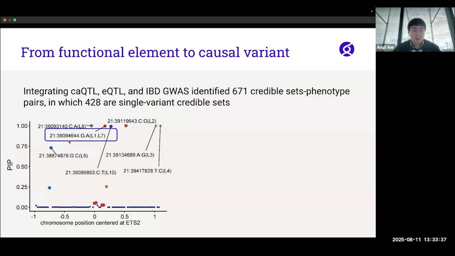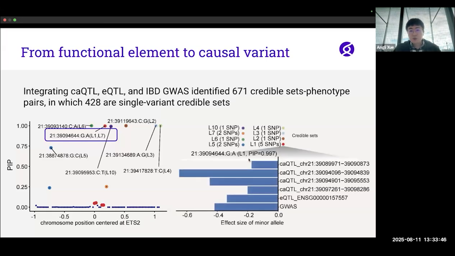And I want to highlight this causal variant for the ETS2 example, which is located in the intronic region we mentioned before. If we zoom in on this SNP and estimate the minor allele, which is the A allele, it has a decreasing effect on the chromatin peaks and also the gene expression of ETS2, and at the same time on the IBD disease risk.